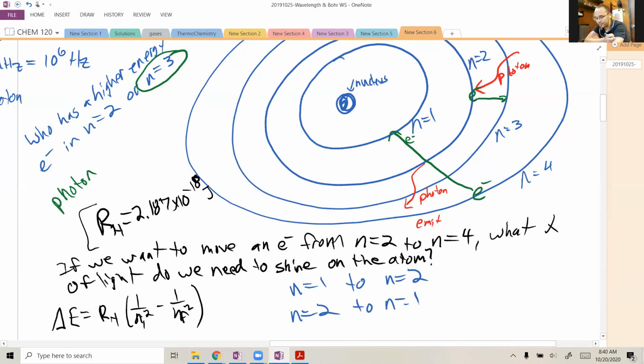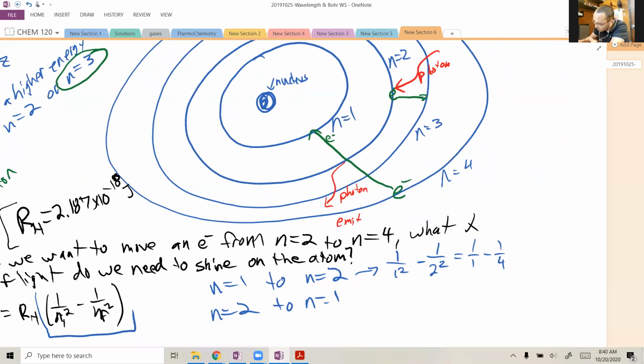Right? So if we're just looking at this part of the equation here, for this first one, that becomes 1 over 1 squared, minus 1 over 2 squared. So 1 over 1 minus 1 over 4, which gives us 0.75.